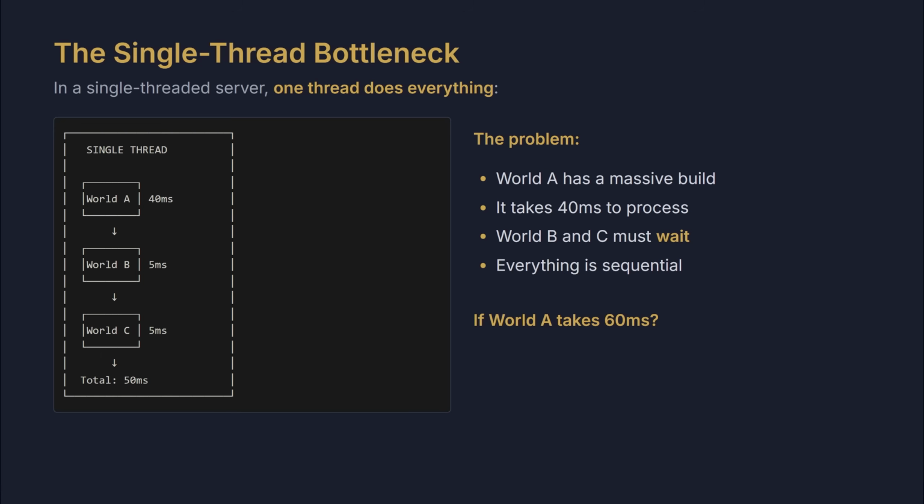And if world A takes 60 milliseconds and our tick only gives us 50 milliseconds, the server can't keep up and everyone lags. So we need to write performant code in order to execute all the updates we need to do within our time frame of 50 milliseconds, depending on how many ticks we want to run per second.